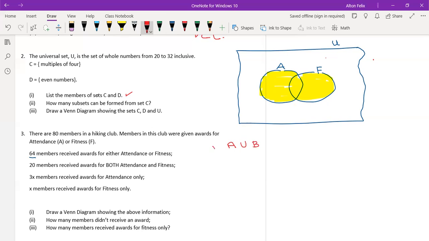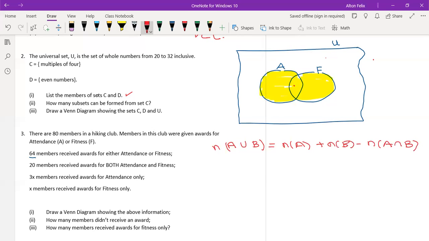Now, this should bring to mind this formula, if you want to call it that. The number in A union B is the number in A plus the number in B minus the number in A intersect B. Of course, A intersect B will be this middle portion right here.